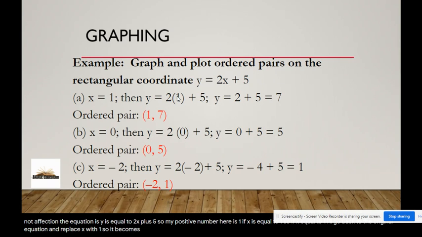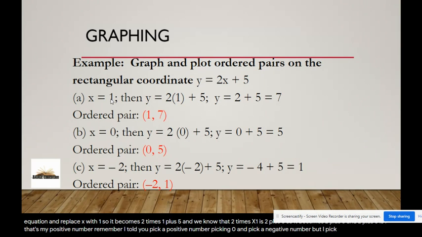So it becomes 2 times 1 plus 5. 2 times 1 is 2, plus 5 is 7. Remember, I told you to pick a positive number, a 0, and a negative number. I picked 1 for my positive number.